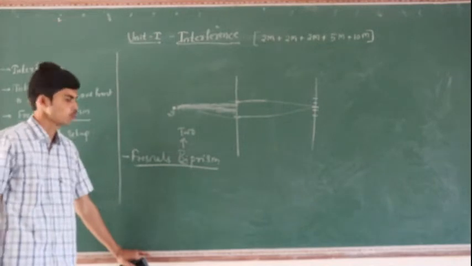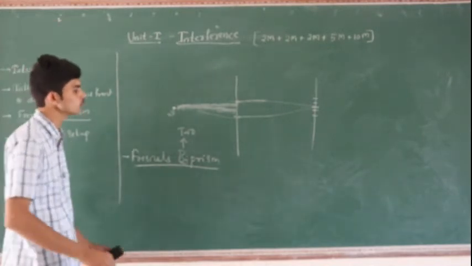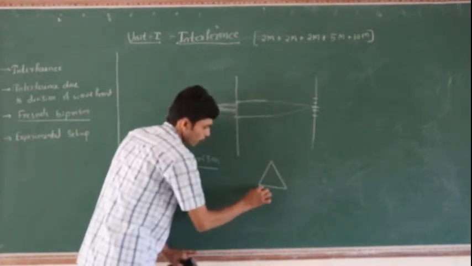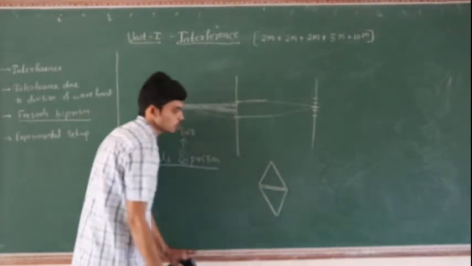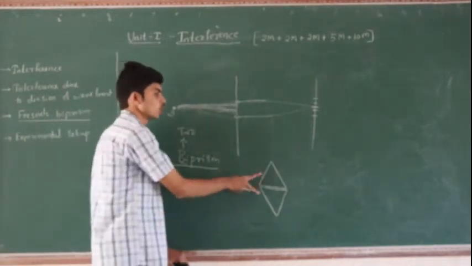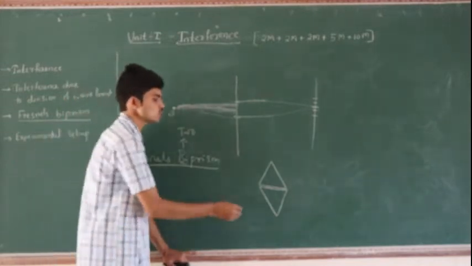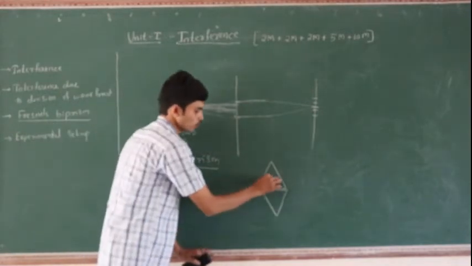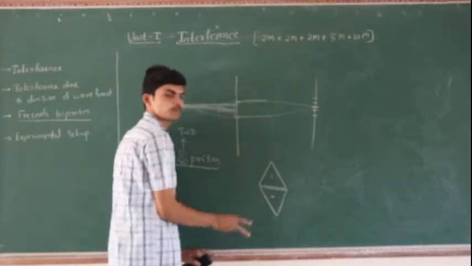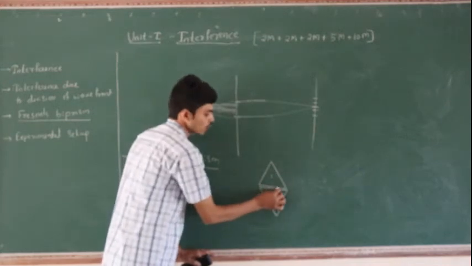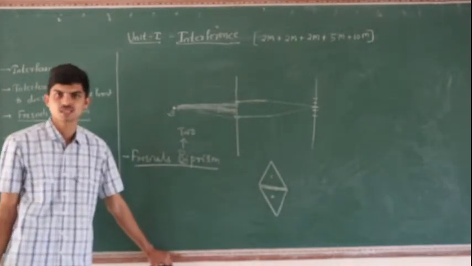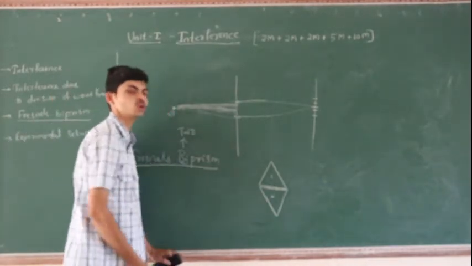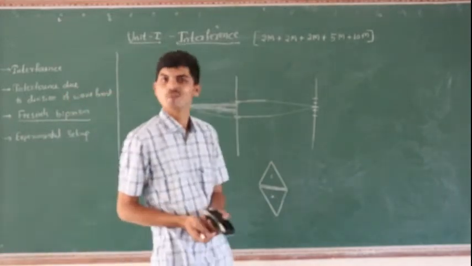Bi means two. Here, consider two prisms: prism number 1 and prism number 2. These two prisms are joined with their bases. This setup is nothing but a biprism. Two prisms are there, so it is called a biprism.